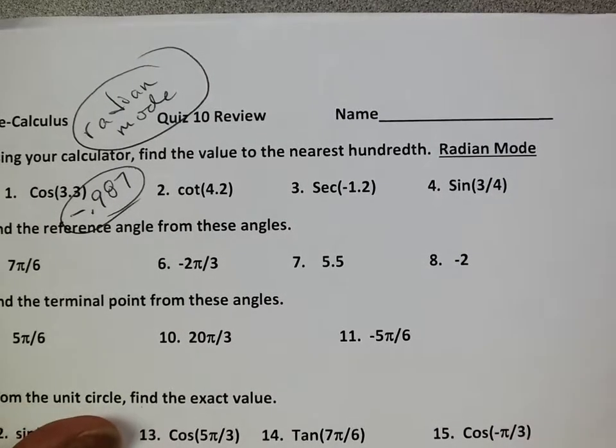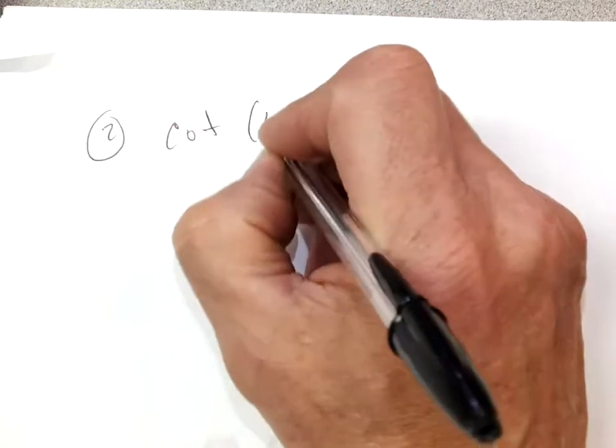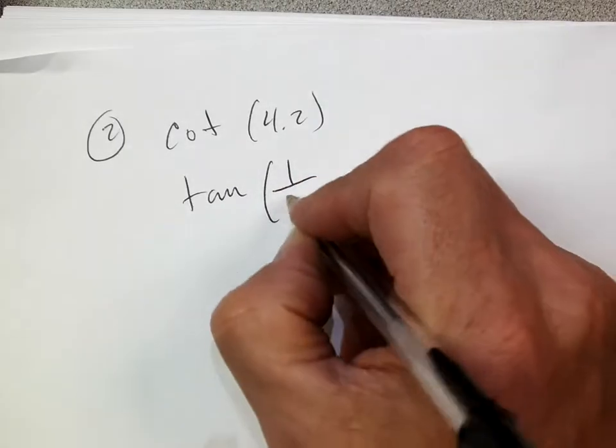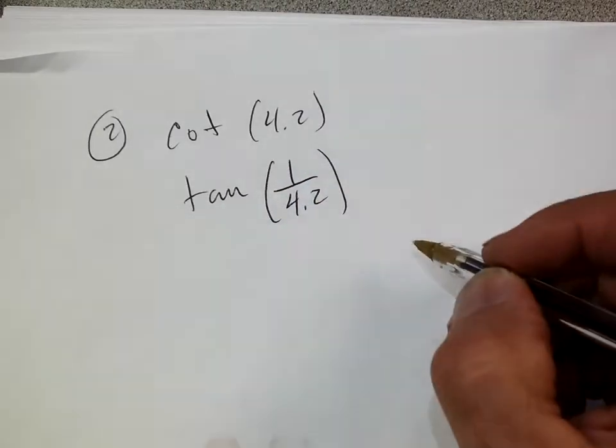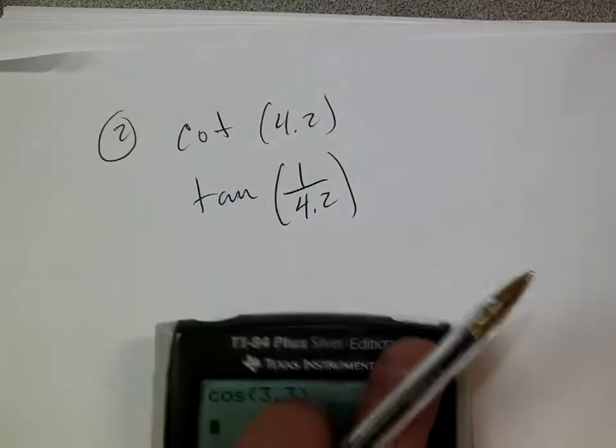Now do cotangent. We're going to really do this on number 2. I'll do it on a separate sheet of paper. I'm going to do cotangent of 4.2. We're really going to go 1 over tangent of 4.2. Does that make sense? Because there is no cotangent button, but it is 1 over tangent.